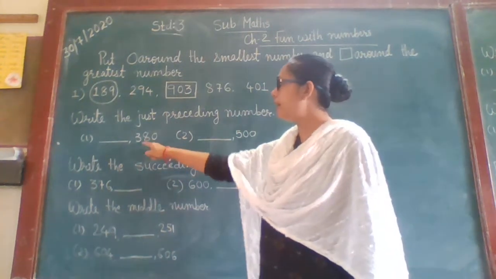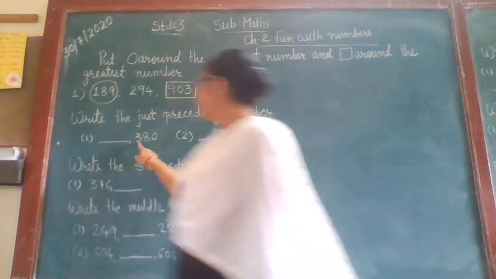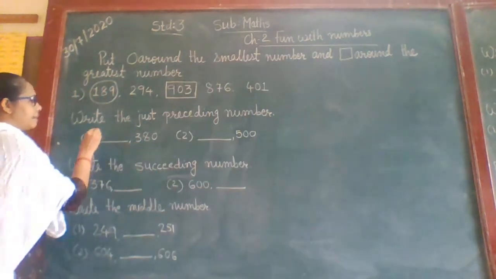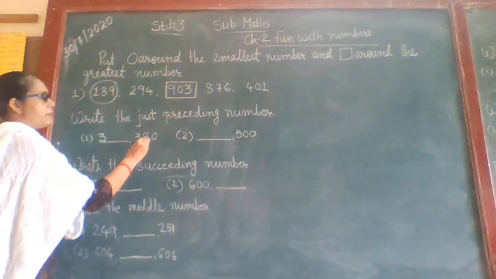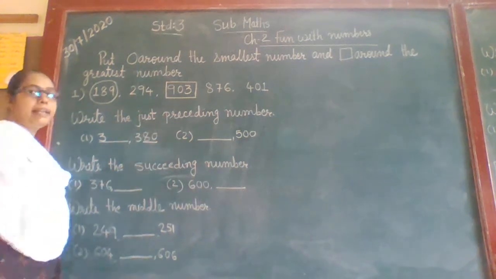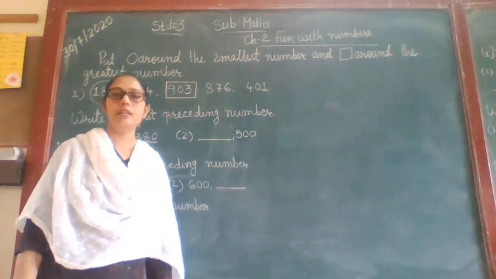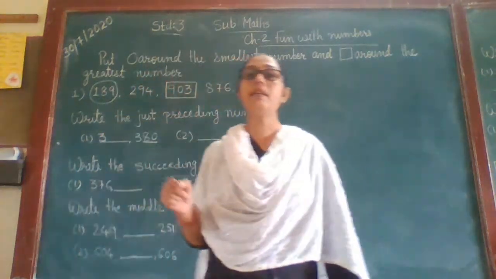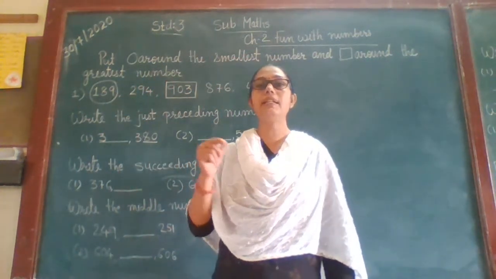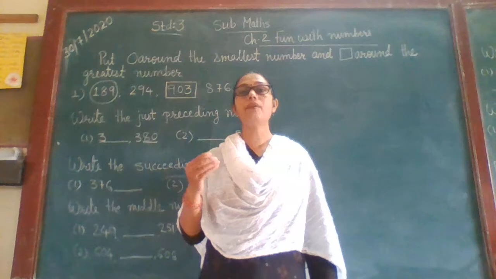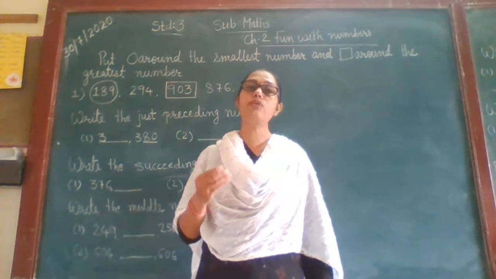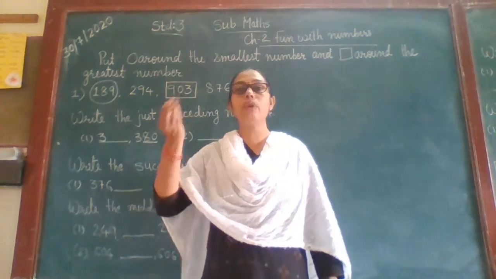So 380. We write 300 as it is, and then we have to see before 80 which number comes. So students, we know that 80 comes in the line of 71. So we speak the line of 71 and we have to check which number comes before 80.